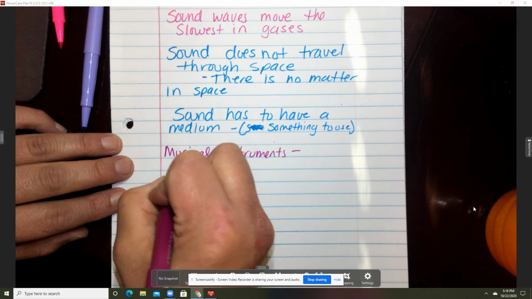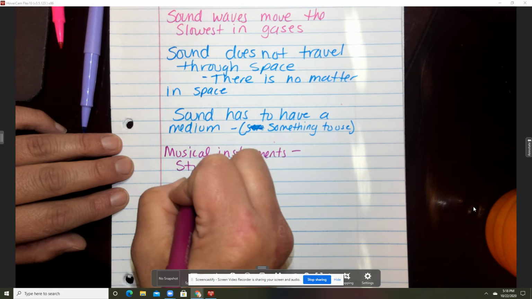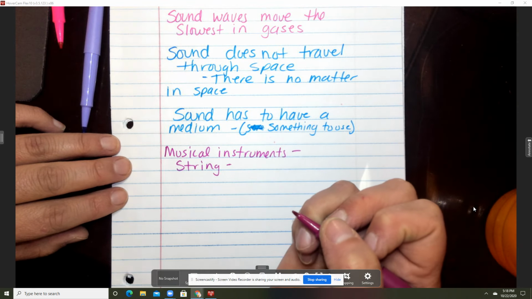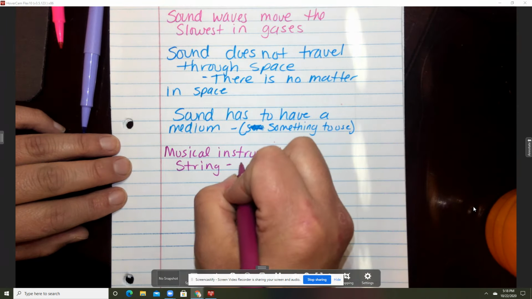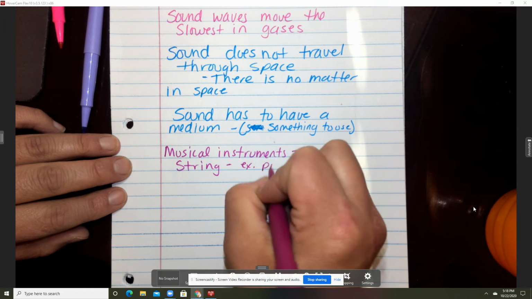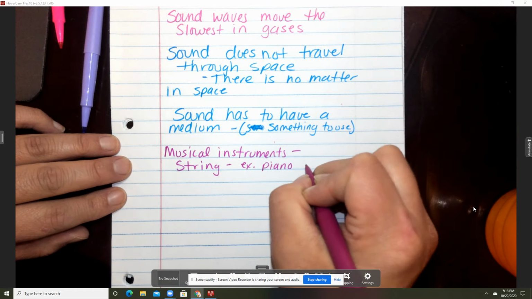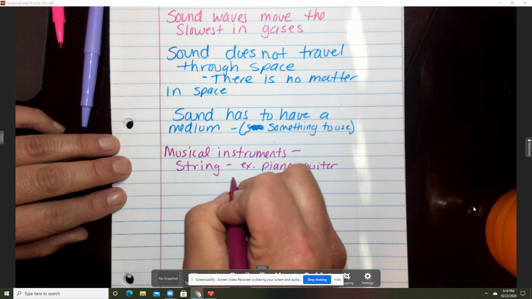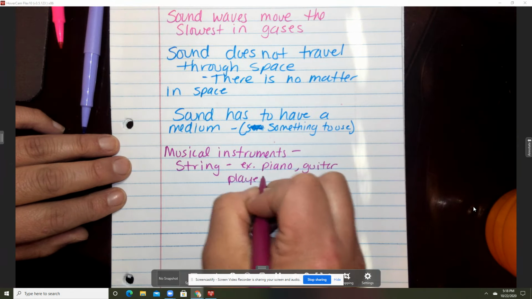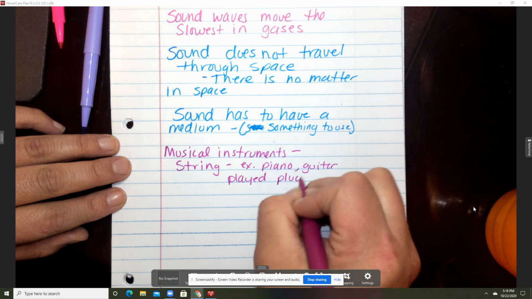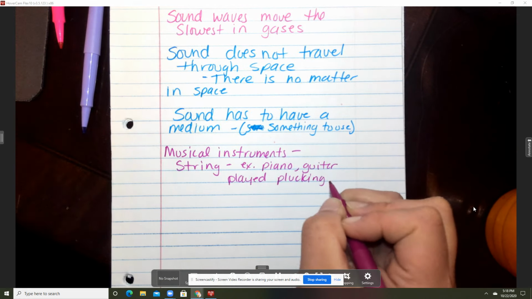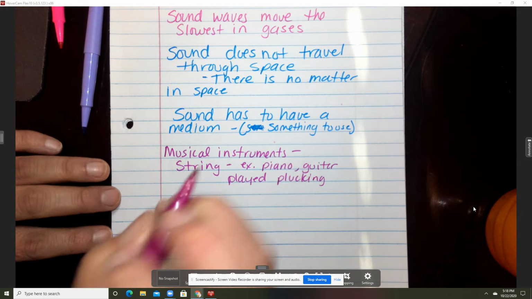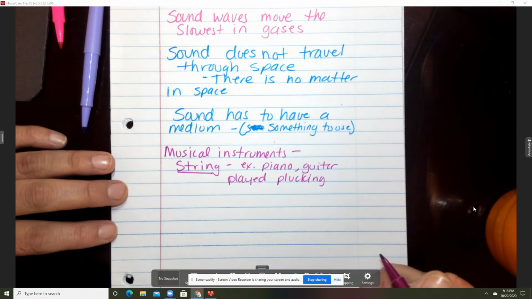Okay, so we have string instruments like guitar and piano. Examples are piano, guitar. They're played by plucking the strings. I've got guitars behind me. I could pluck one for you, but for time's sake, we won't do that today.